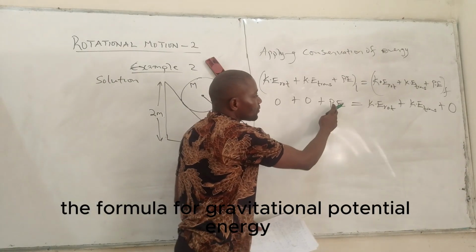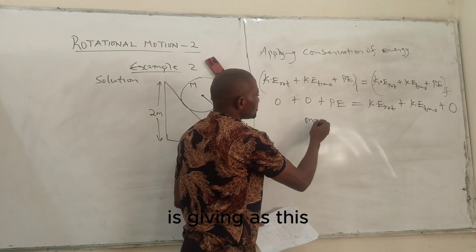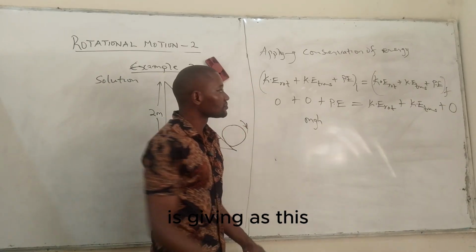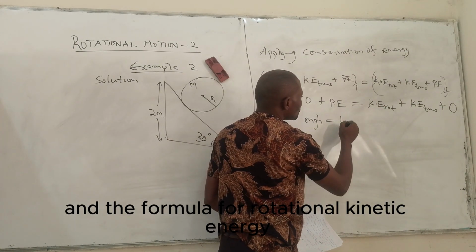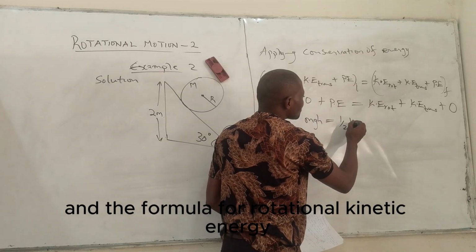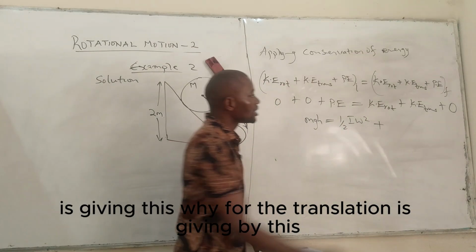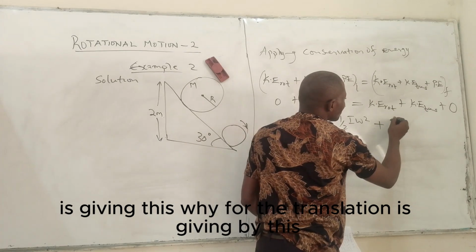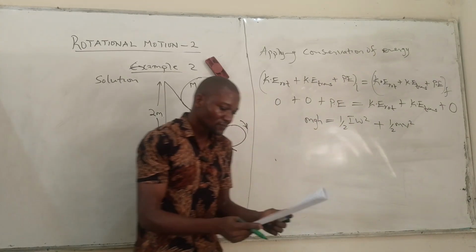So the formula for gravitational potential energy is given as this, and the formula for rotational kinetic energy is given as this, while for the translation it is given by this.